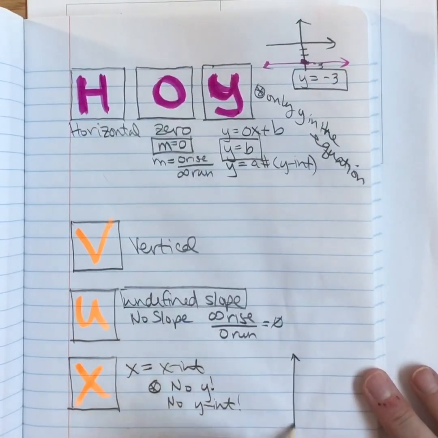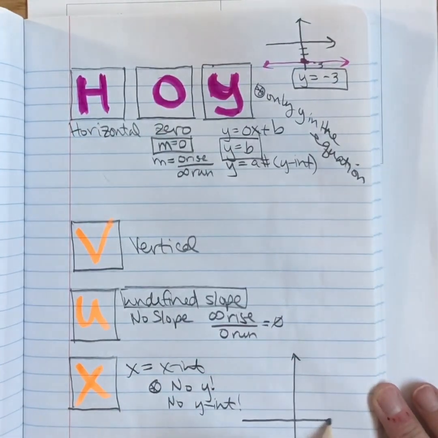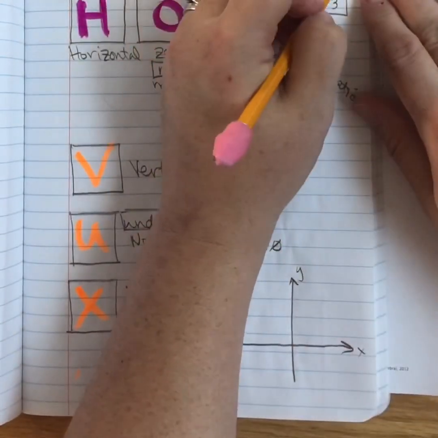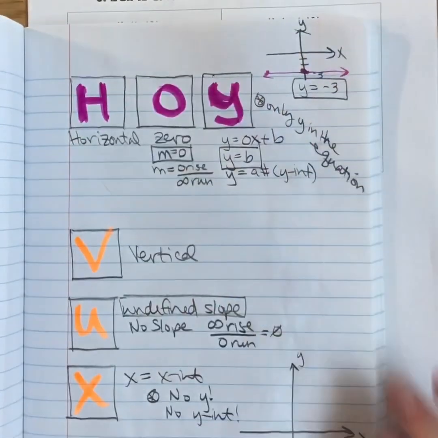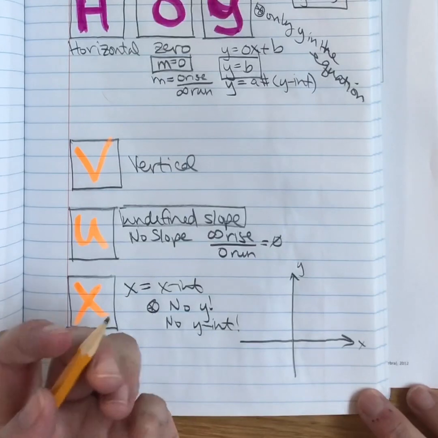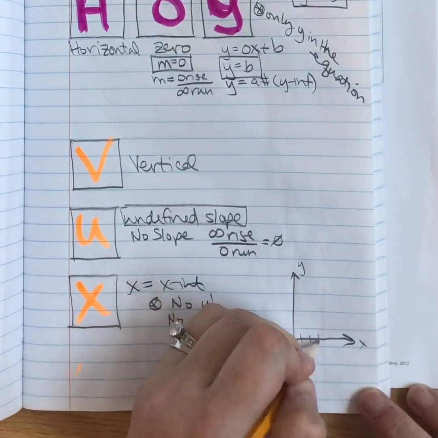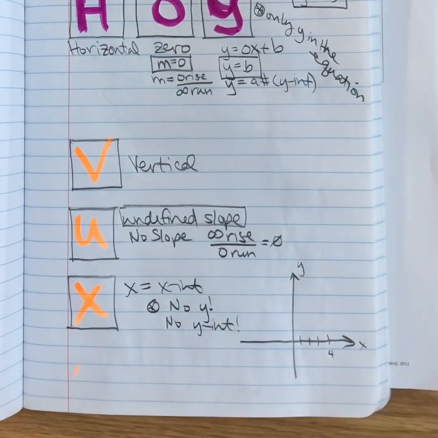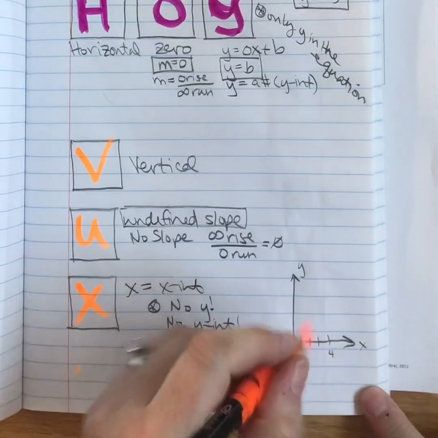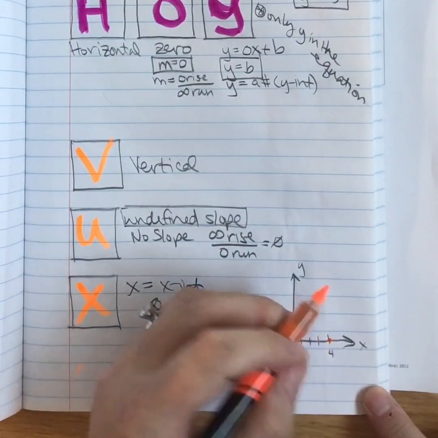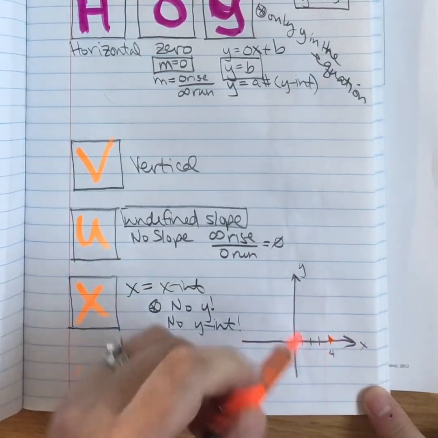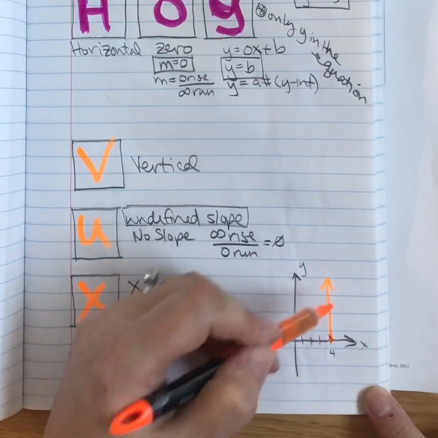So for example, if I draw my x and y axis, and let's say I go to positive 4. Let's say the x-intercept is 4 for this vertical line. Not y-intercept, but x-intercept, so it's on the x-axis, and we have a vertical line.